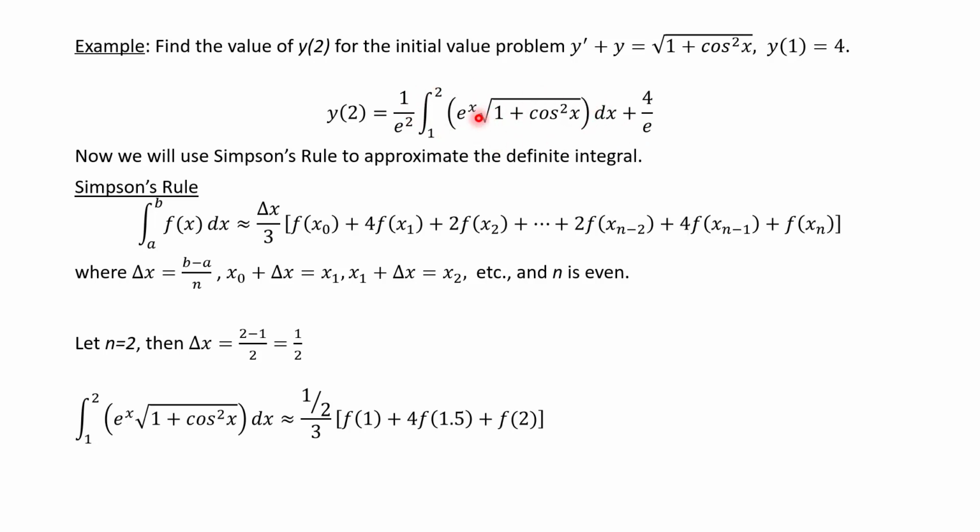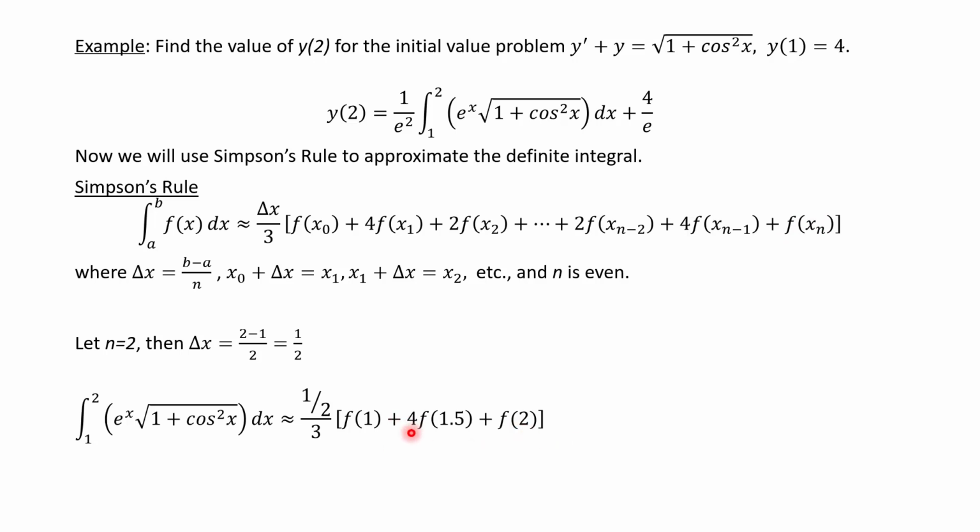So this integral is approximately equal to our delta x, 1/2 over 3, times f of 1, our starting value, plus 4 times f of 1 plus 1/2. That's where the 1.5 came from. And then we would keep going until we had our last term. We're stopping at 2. Okay, we're going from 1 to 2. So we're actually already right here in the formula. So plus f of 2.